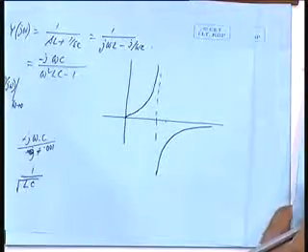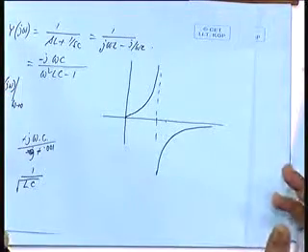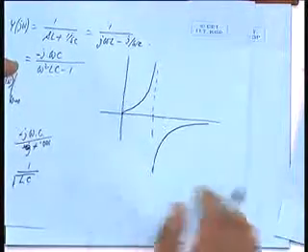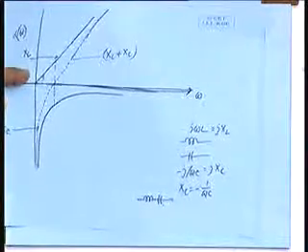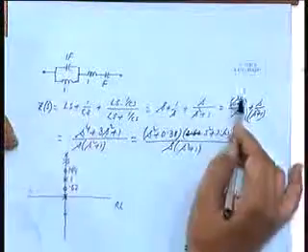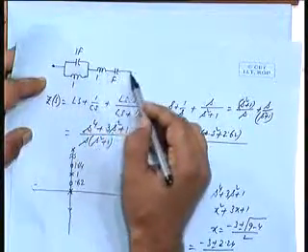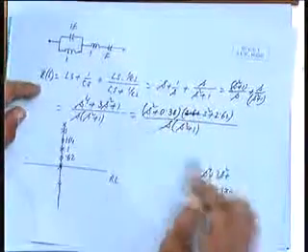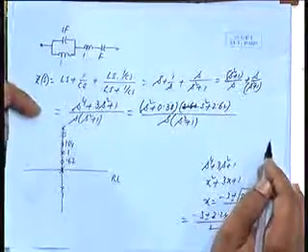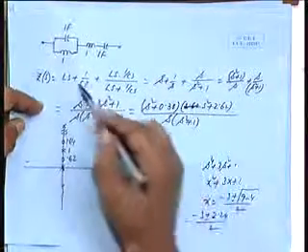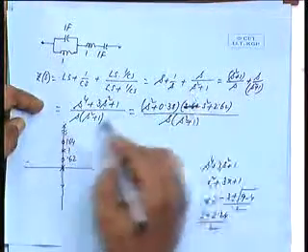You can have one or two more combinations of this, a series parallel combination. For example, take one inductance and one capacitance in parallel, and then a series LC combination. So if you take such a combination, this will be the nature of the function.